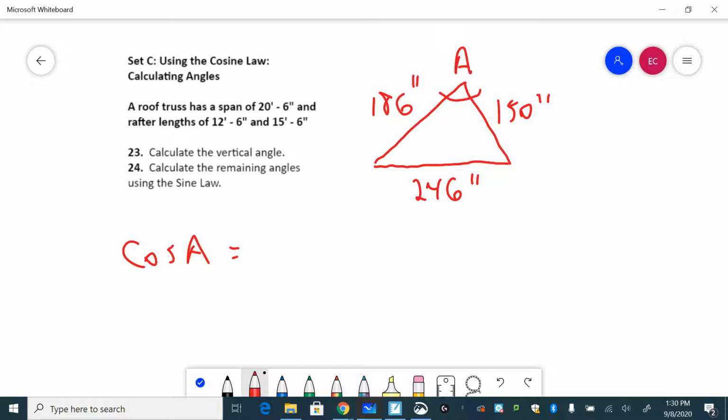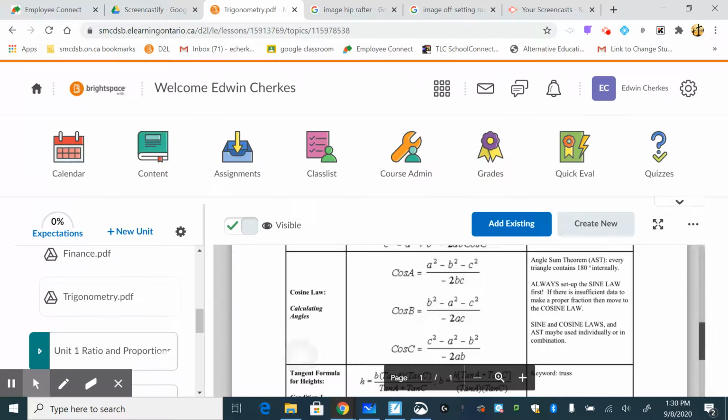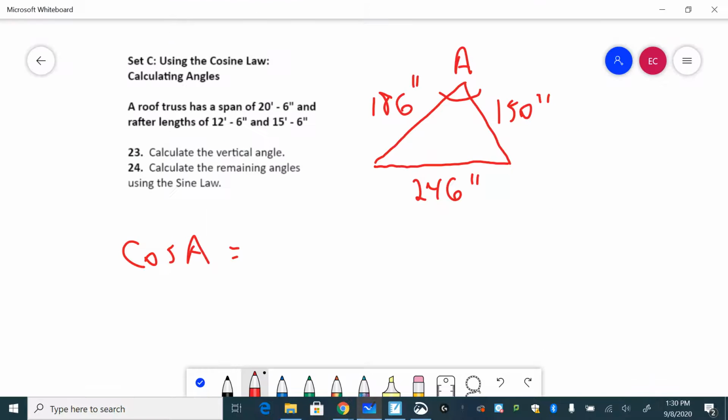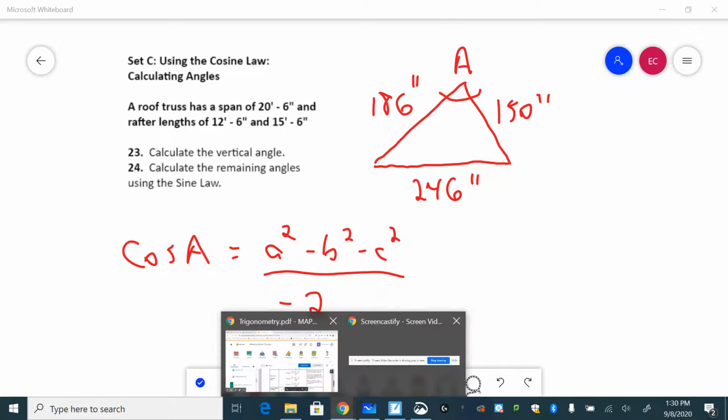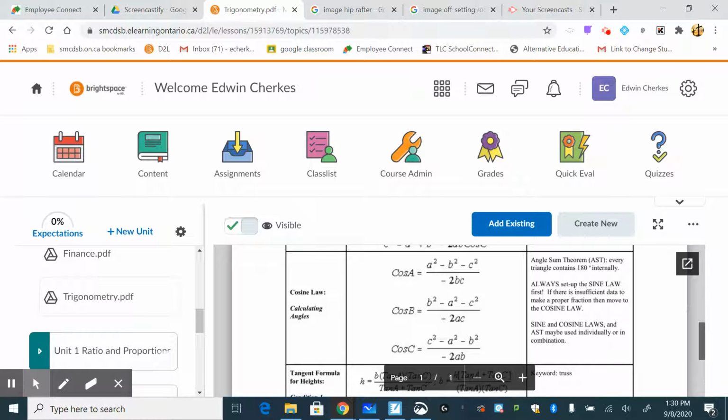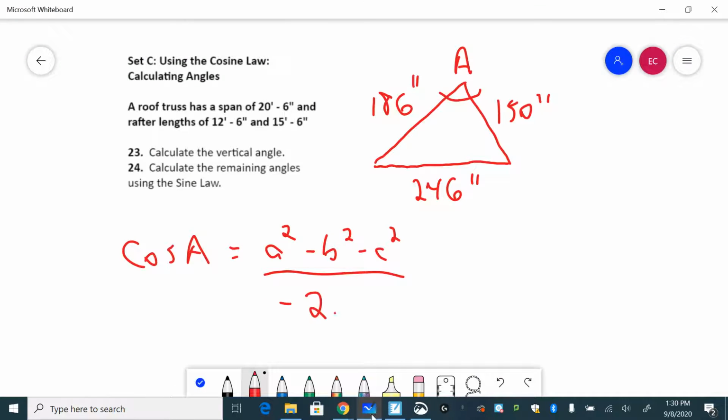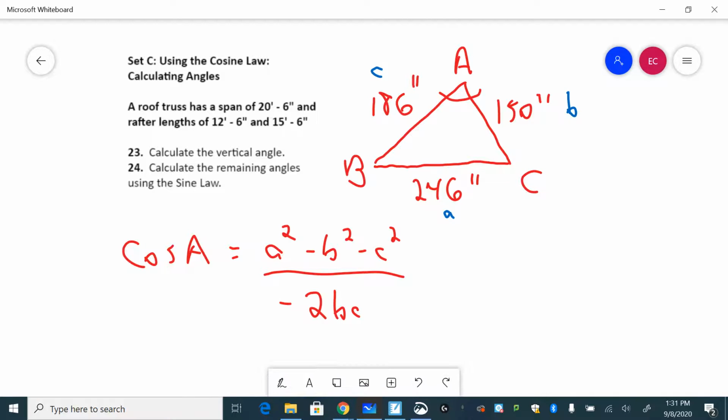So if I go back to the formula package, cos A is A squared minus B squared minus C squared, all divided by -2BC. So if I label the rest of this, lowercase letter, this would be little c, this is little a, and this is little b. So you're just going to sub it and solve.